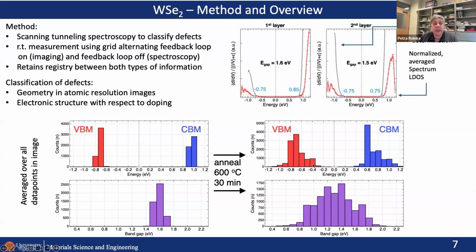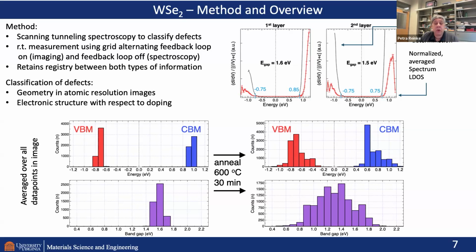Let me point out these spectroscopy data sets, current voltage characteristics, were obtained at room temperature, which is actually quite unusual, but our system is better equipped to work with annealed samples and higher temperature experiments, and it therefore does not have cooling capabilities.